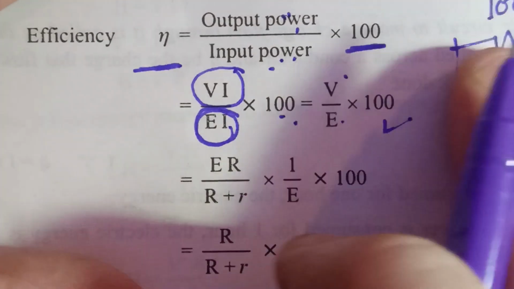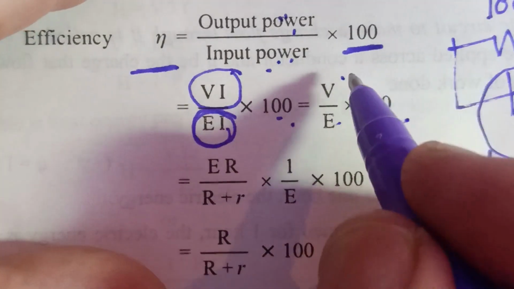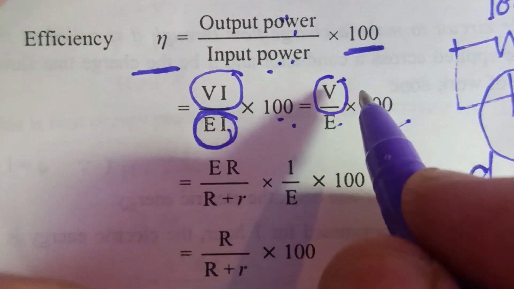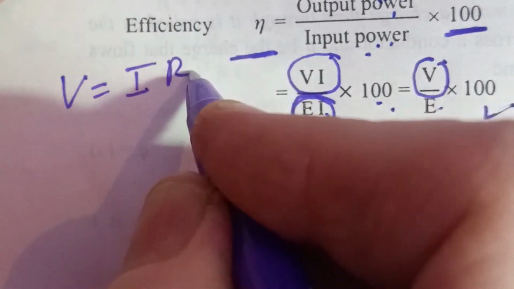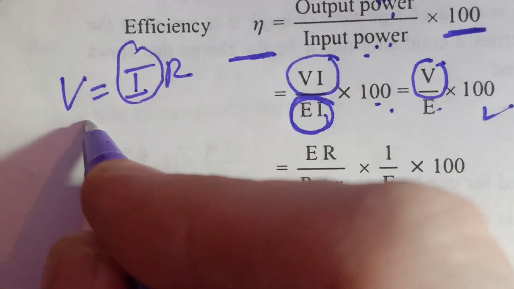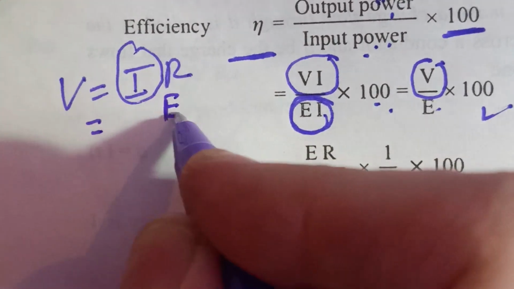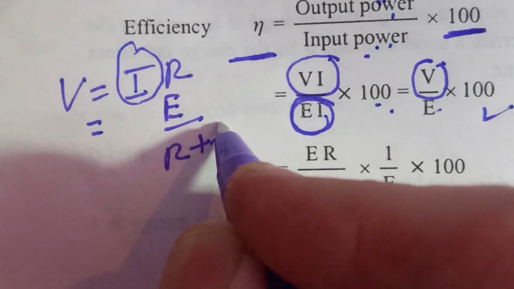Then you know what is V? You know V equals IR, and I equals E upon capital R plus small r.